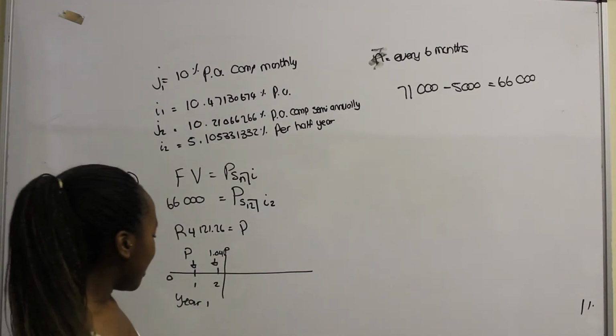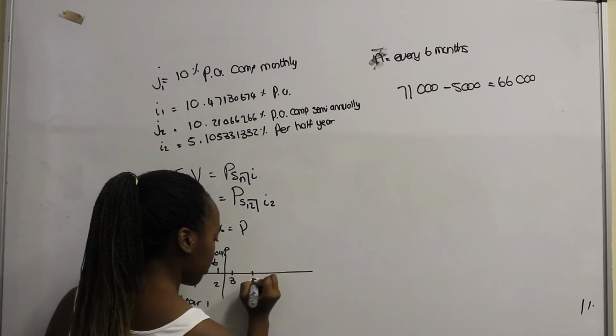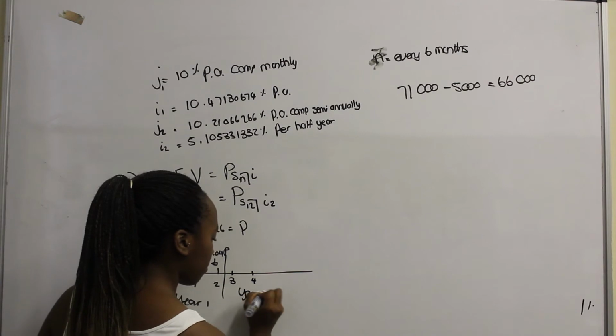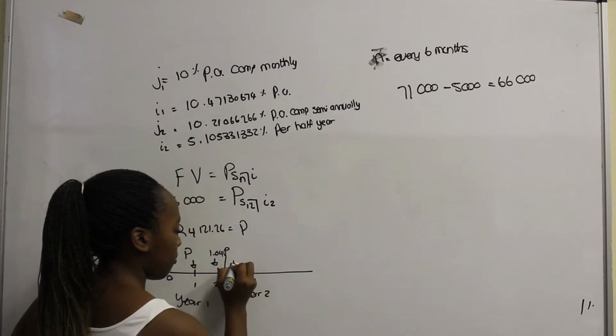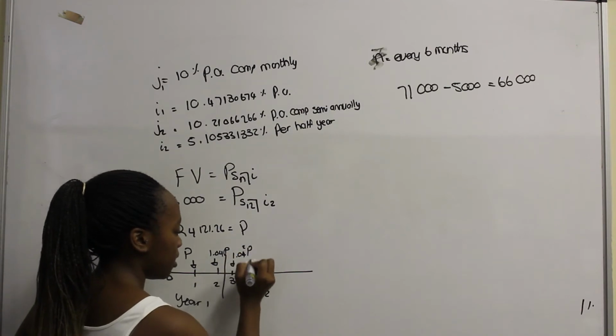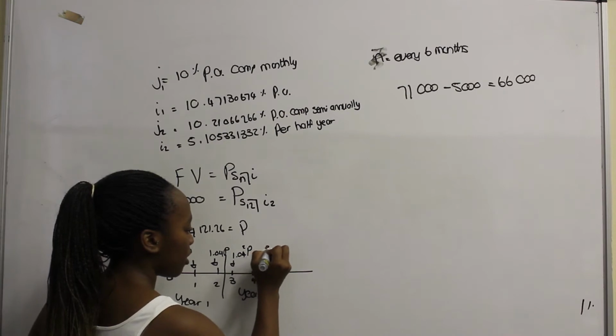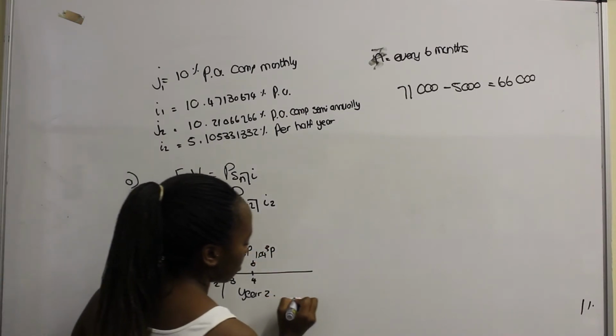In the second year, our payment is going to be 1.04 squared P, and here it's going to be 1.04 to the power 3 P, and so on and so forth.